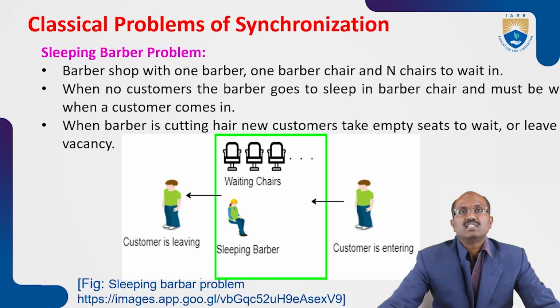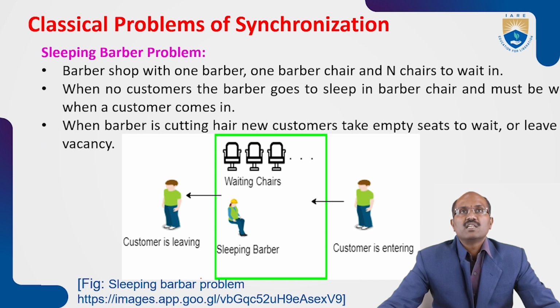Coming to the sleeping barber problem. In the barber shop there is one barber chair and n chairs to wait in. When no customers are there, the barber goes to sleep in the barber chair, and must be woken when a customer comes in.